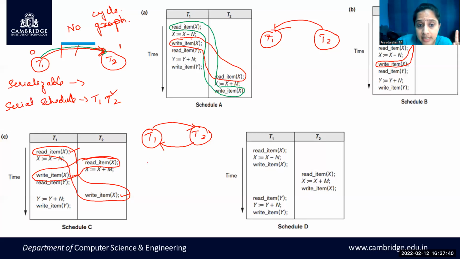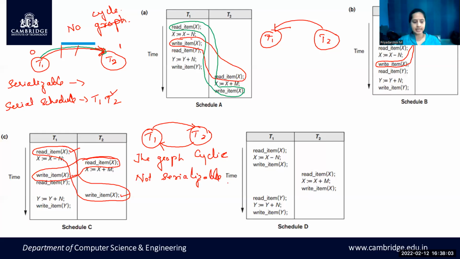Now the graph is cyclic here, right? The graph is cyclic. I will write step by step in one more problem; here, just understand. Once the graph is cyclic, what do we say? It is not serializable.